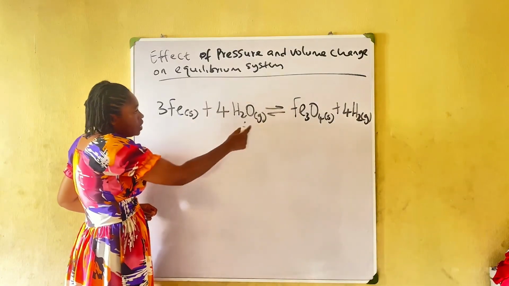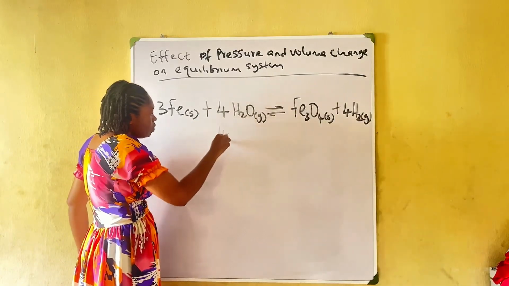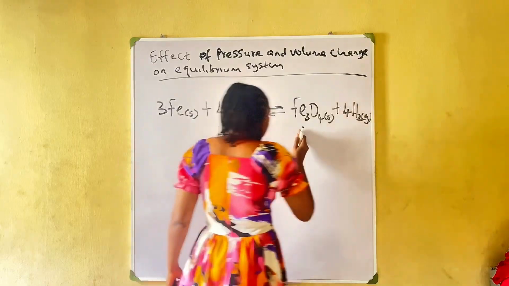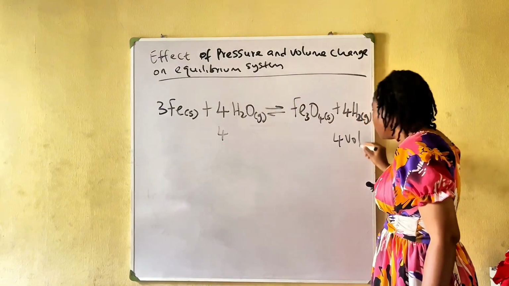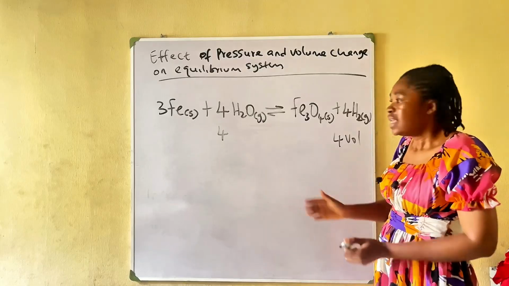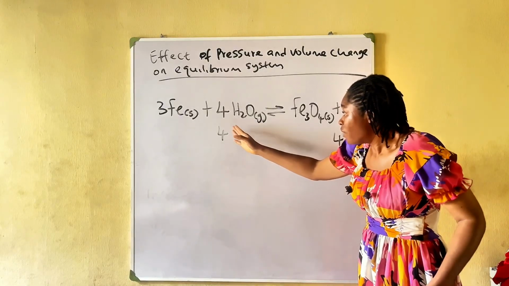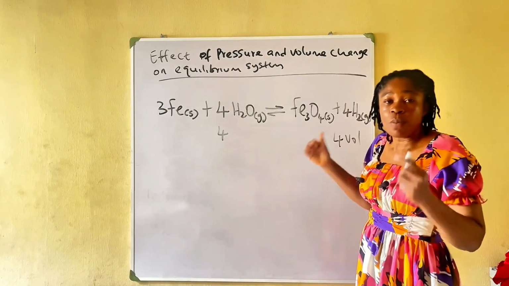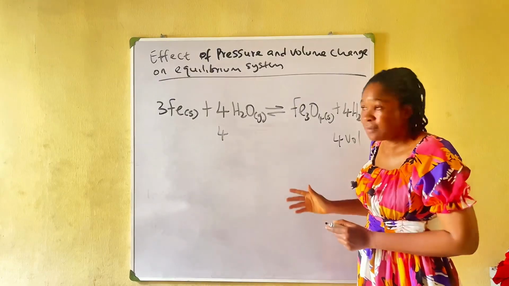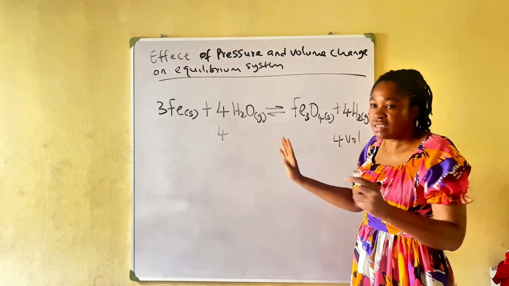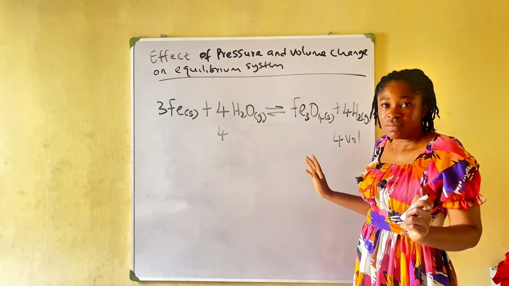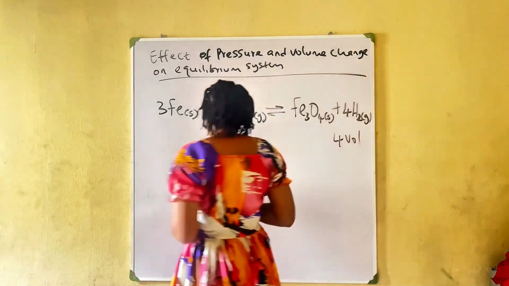So I have steam. How many volumes? 4. This is solid. Here I have hydrogen gas. How many moles? 4 volumes of hydrogen gas. You can see the volumes of the reactant and product are the same. So pressure will not have any effect in such a system. If the volumes are the same, there will be no effect.